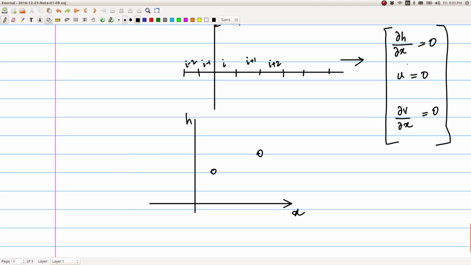To imply del h by del x equal to 0, we just say that these two values are the same, and these two values are the same. So this value is the same as this value.